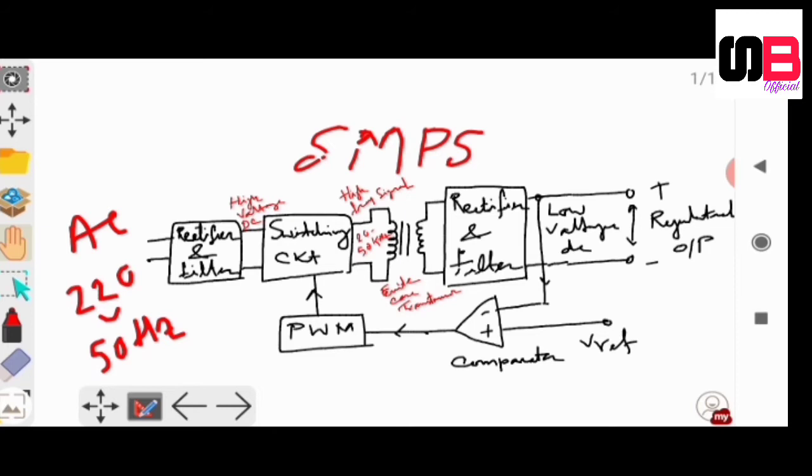In SMPS, the main blocks are already written here. Actually, at the input, we are giving AC input voltage.